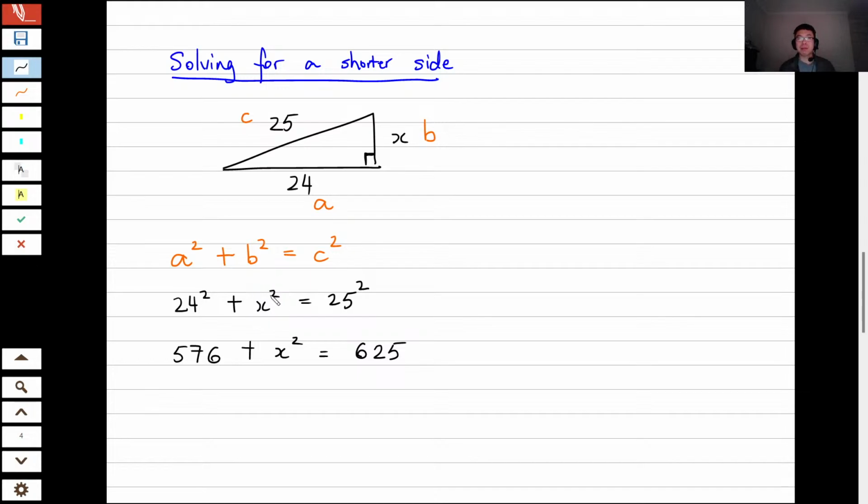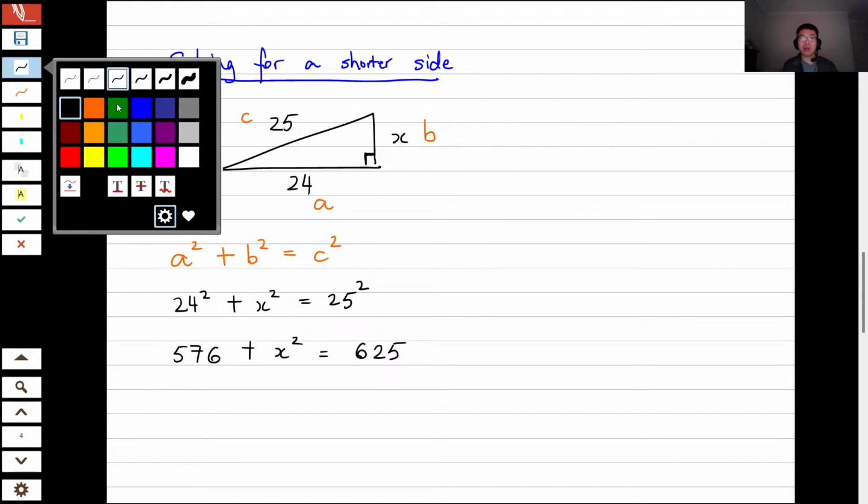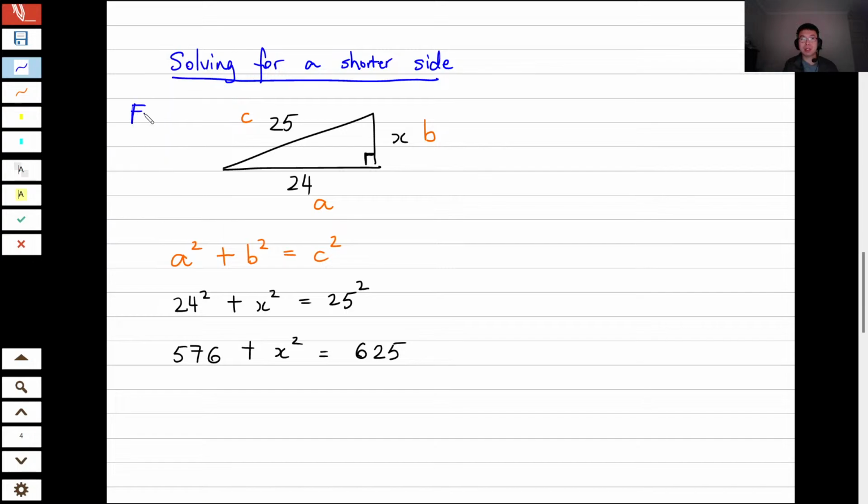So remember, our goal is to find x. So when I'm finished, I need to be able to write down x equals some number. Right now I can't. I've got this 576 with the x. So let's get rid of that.